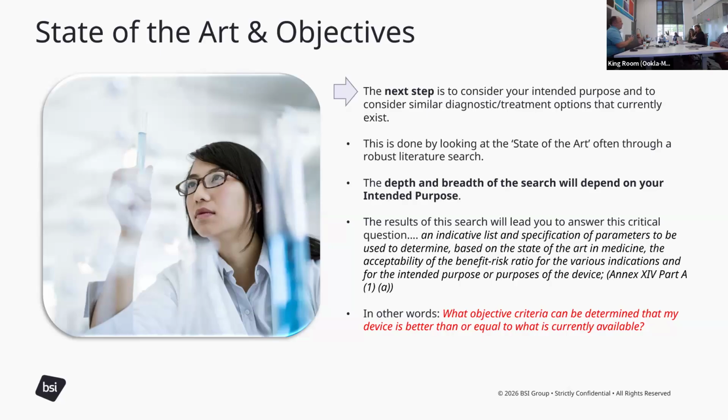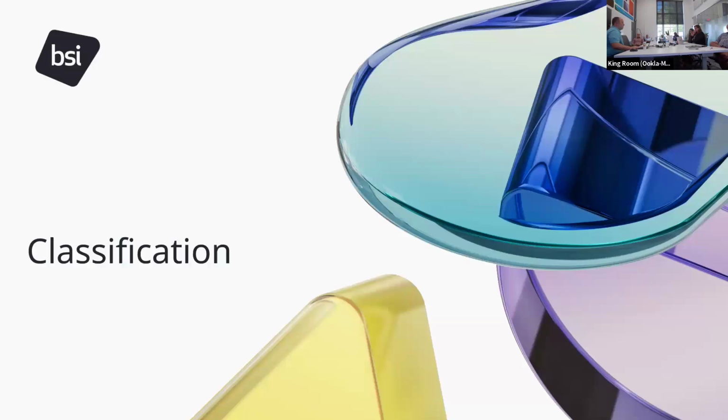And this really leads to what do we need to prove to show that the device is safe and performs well in a clinical environment. The rest of the webinars kind of go more into how you would do your clinical planning. So I won't get into that today, but you can look at the webinars that are available online to look at how to do a clinical plan. Any questions on any of that before we go into classification?